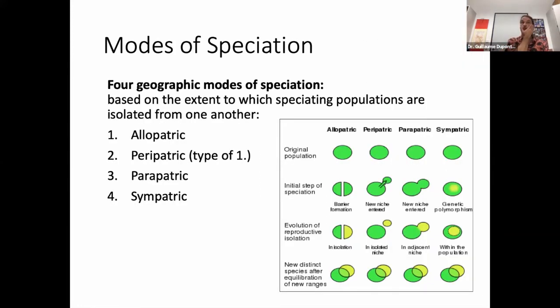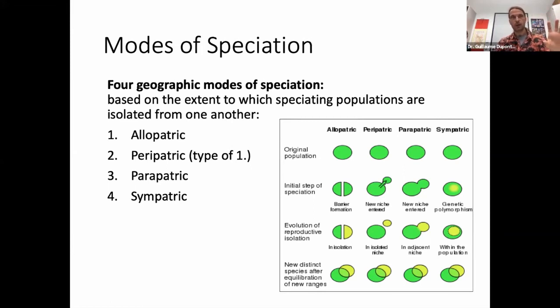In any case, if we have established reproductive isolation, then we can have a species. We can have the origin of two species from one ancestor. We have 4 modes of speciation: allopatric, peripatric, parapatric, and sympatric.